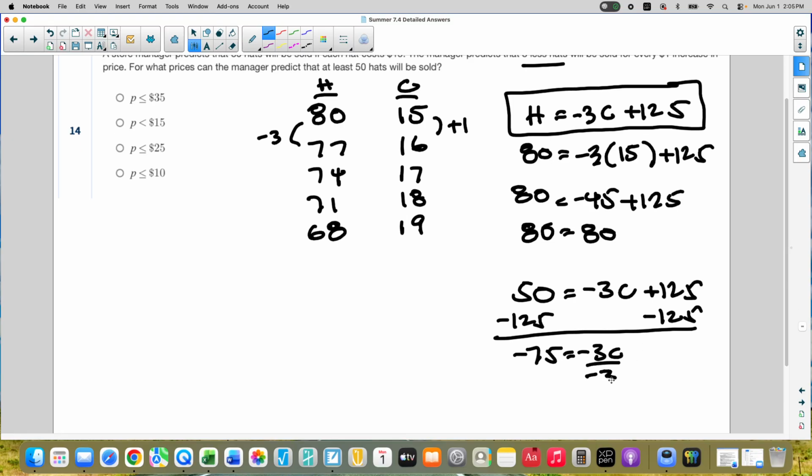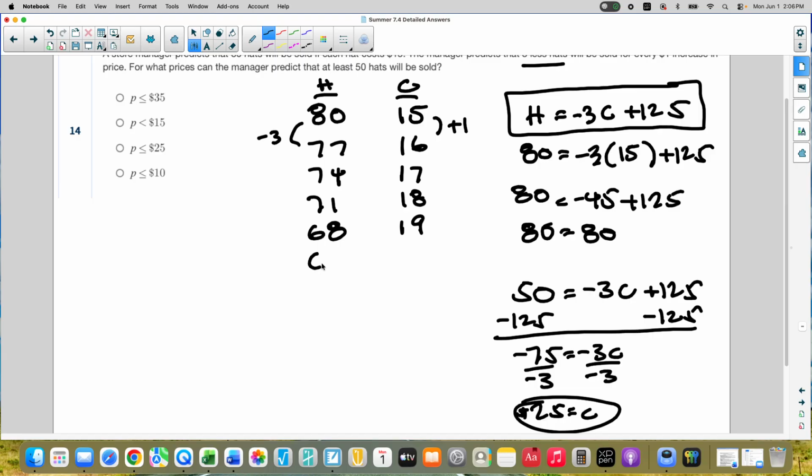We're going to divide by negative 3, divide by negative 3, and we get 25 equals C. So my cost will be $25.